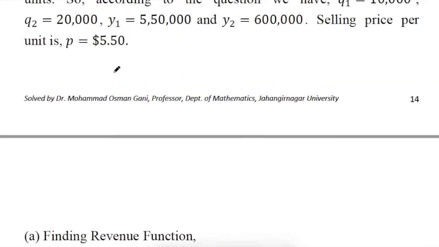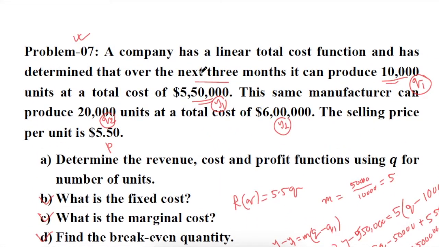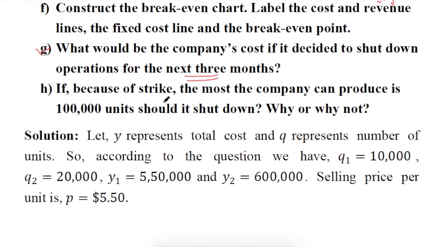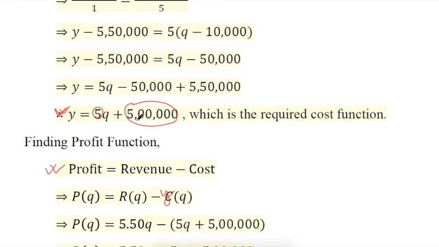And G says, what would be the company's cost if it decided to shut down operation for the next 3 months? And 3 months comes from where? Because all data given here is for the next 3 months. So if the company shuts down its operation, then the company will be in loss of fixed cost. If the company shuts down its operation, then still it needs to pay the fixed cost.